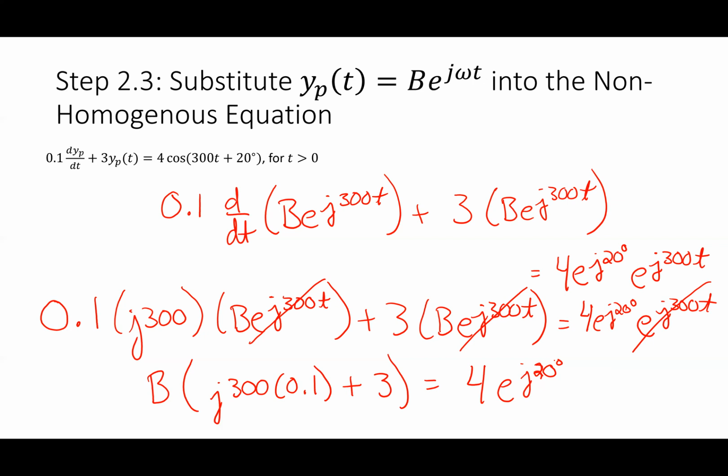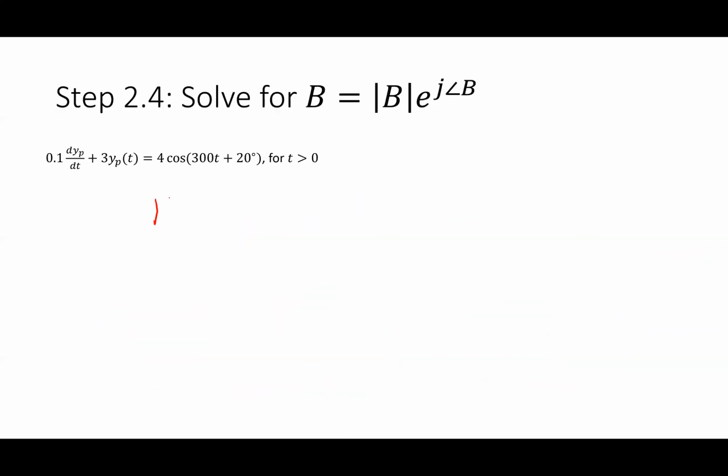It's complex. So there's an equation for the magnitude, and there's an equation for the angle. I could also say for the real part and imaginary part if I wanted to, but for the magnitude and for the angle, I have B times (j300 times 0.1 plus 3) equals 4 e to the j20 degrees.